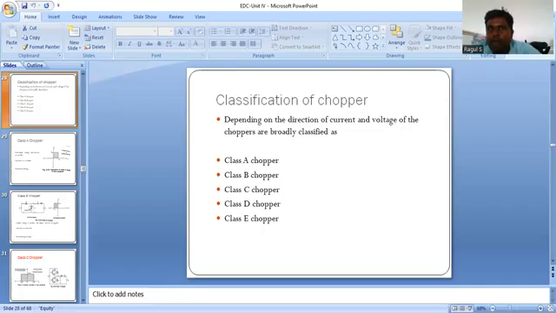Depending upon the direction of current and voltage, choppers are broadly classified into five types: class A, class B, class C, class D and class E chopper. First of all, what is meant by class A chopper?